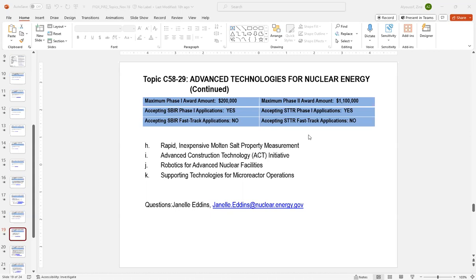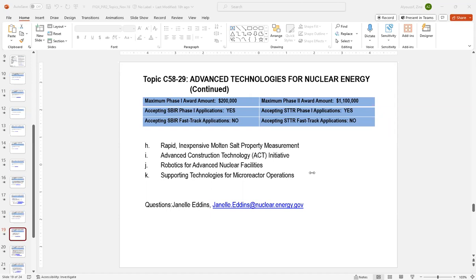I would say that transporting the reactor, fueled or unfueled, would be a higher priority, because that is really a unique challenge for microreactors. Transporting fuel itself is not necessarily unique to microreactors. But then again, there are also the other topic areas within that subtopic.